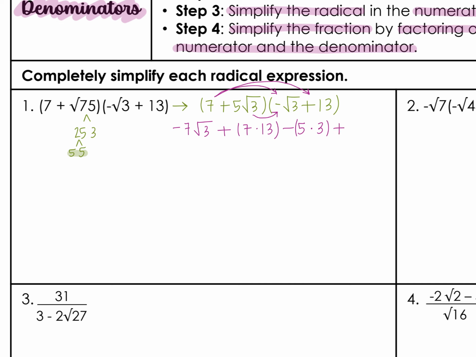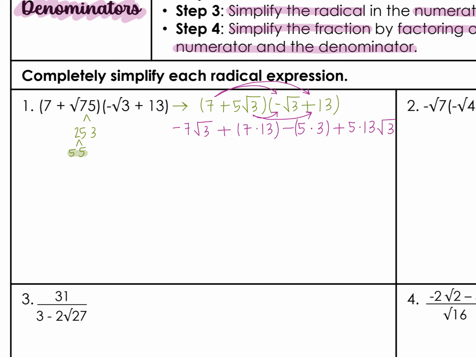Plus, we'll have 5 root 3 times 13, so 5 times 13 root 3. So this is where everything's coming from. Now I'm going to work through this and simplify.